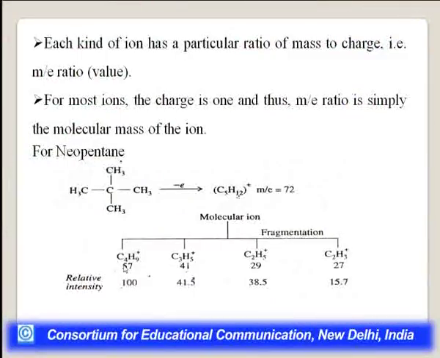You can see there are different fragment ions, C4H9 plus, C3H5 plus, C2H5 plus, C2H3, and their different molecular weights. And you can see something else also here, relative intensity. What is this? I will discuss in detail in coming slides. If we see this fragment, it is of 100 intensity, 100%, 41.5, 38.5, 15.7.